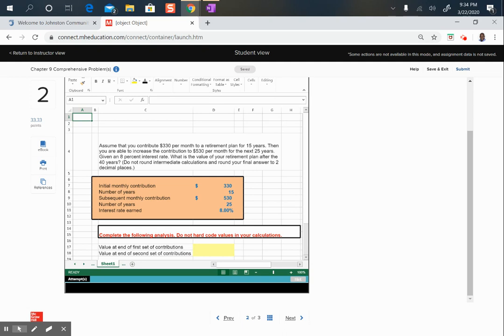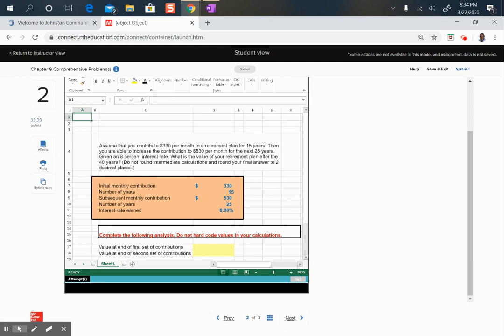So again, at an 8% rate, the question is what will be the future value of those contributions at the end of the first set of contributions, and then of course what about at the end of the second set of contributions.